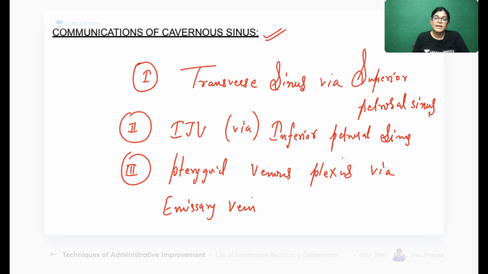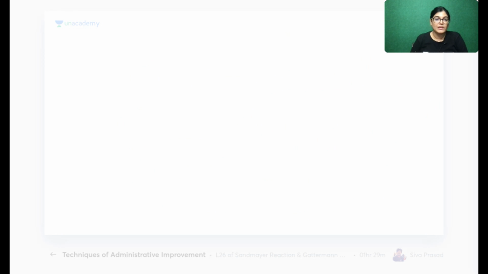I have told you these emissary veins pass through various foramina like foramen ovale, foramen lacerum, and sphenoidal emissary foramen. Through all these foramina they pass, forming communication between pterygoid venous plexus and cavernous sinus.